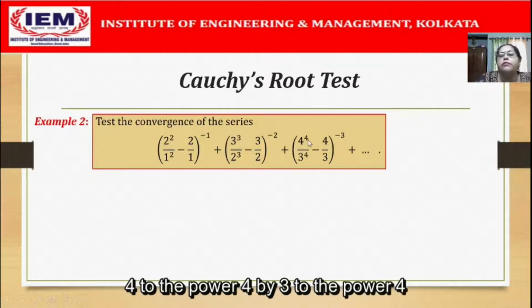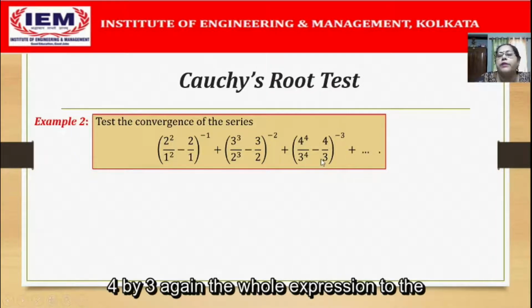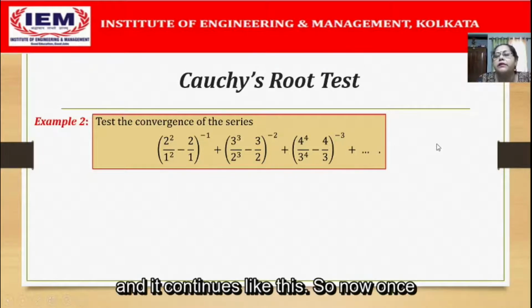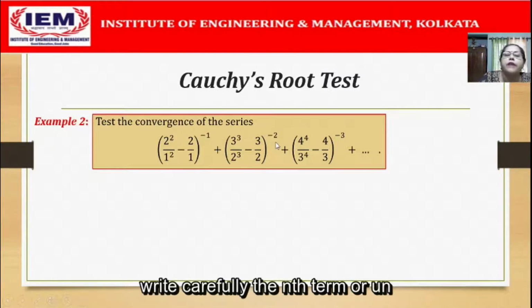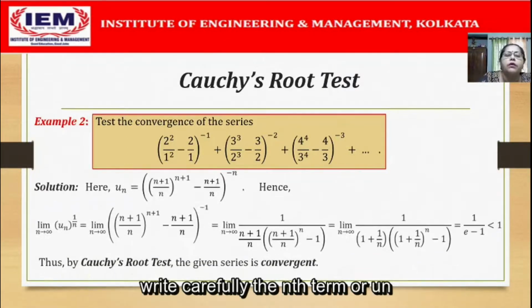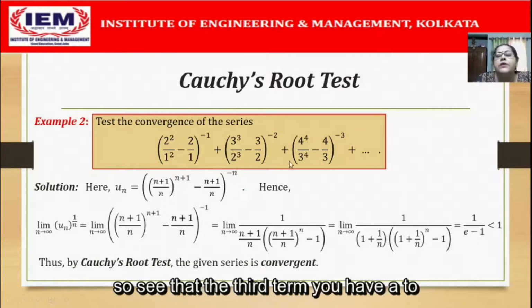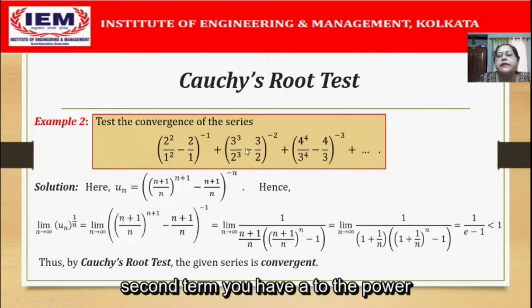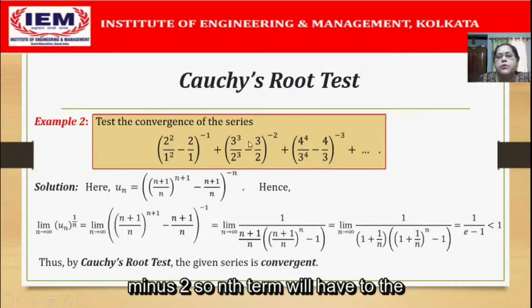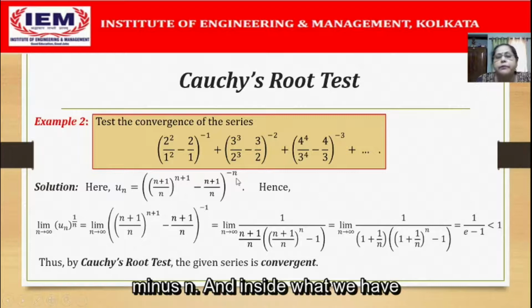Similarly, the third one, (4 to the power 4 by 3 to the power 4 minus 4 by 3), again the whole expression to the power minus 3, and it continues like this. Once again, we need to write carefully the nth term, un. The third term has a power minus 3, the second term has a power minus 2, so the nth term will have the power minus n.